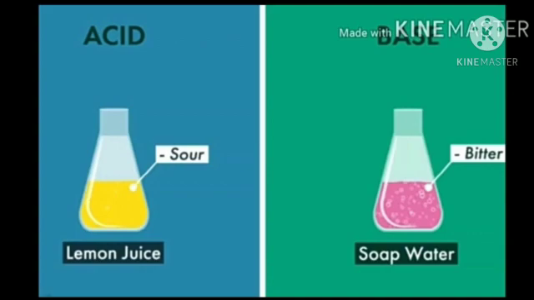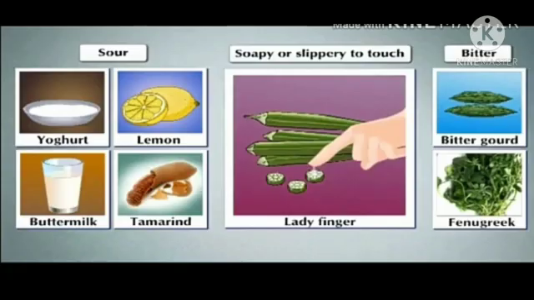It is bitter in taste, so it is a base and it is slippery too. Now we will see a few examples. Sour taste, for example, yogurt, lemon, buttermilk, turmeric. Slippery to touch, for example, ladyfinger. Bitter taste, bitter gourd, fenugreek, etc.